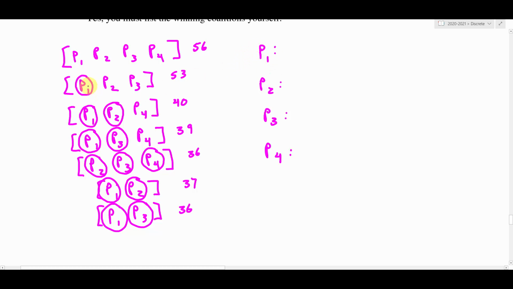So if I go through, I do 1, 2, 3, 4, 5 times that player 1 was critical out of 12. So I do 5 divided by 12, which is 0.4166 repeating, for 41.67% of the power. And we're going to repeat the same thing for player 2, player 3, and player 4.